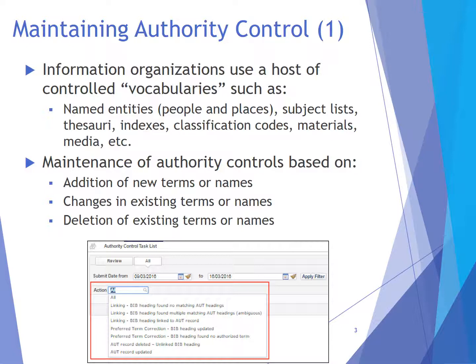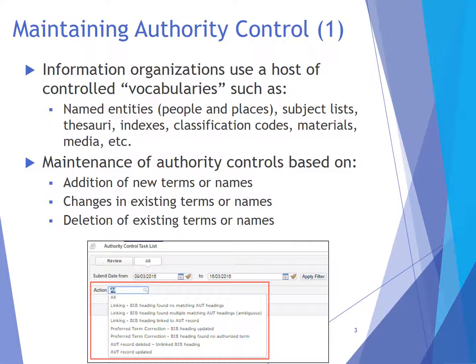You may also find that there are instances when authority records need to be deleted. It might be that you no longer have an item in your collection that's represented by a particular author. Well, you'd probably want to go in and remove that authority record if there are no records in your catalog that are being represented for that individual.